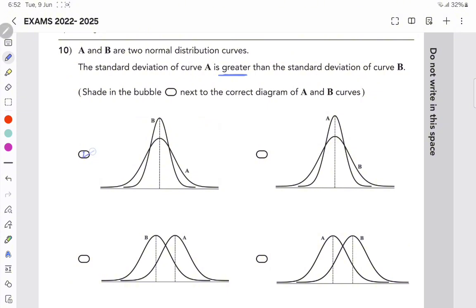I think the first one. Why? Because sigma affects the spread. Sigma is bigger, so the curve will be short and have more width. Sigma is smaller, it has more height and it will be thin.